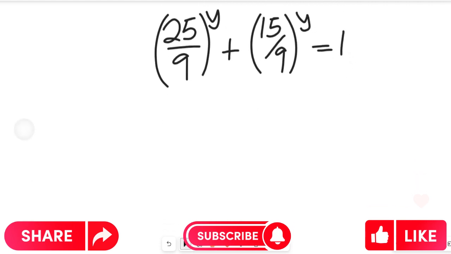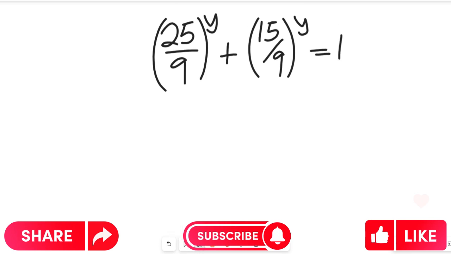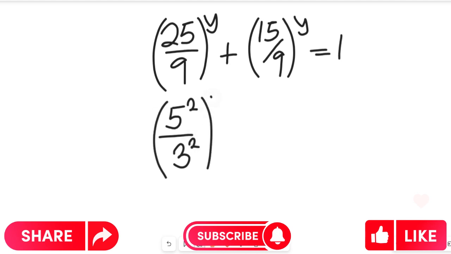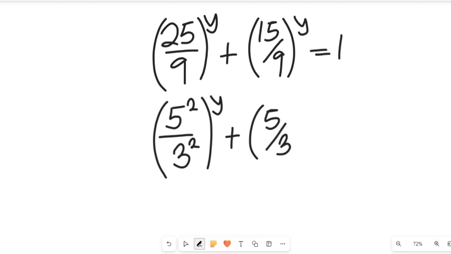Good. So we're going to simplify. This is going to be 5 to the power of 2, because 5 times 5 is 25, and this is going to be 3 to the power of 2, all to the power of y, plus 15 divided by 3 will give us 5, and 9 divided by 3 will give us 3, all to the power of y, and this will be equal to 1.